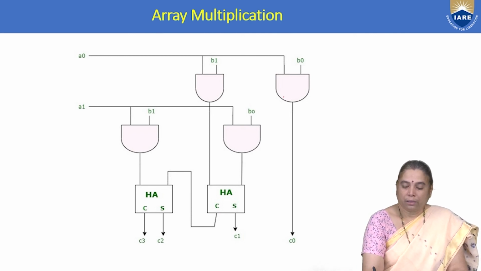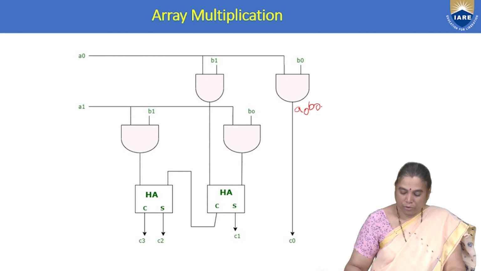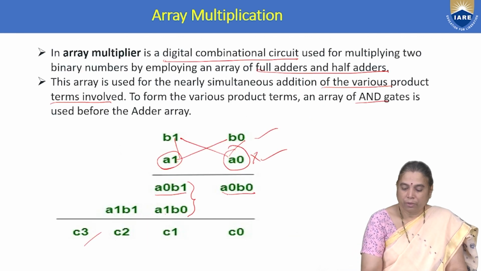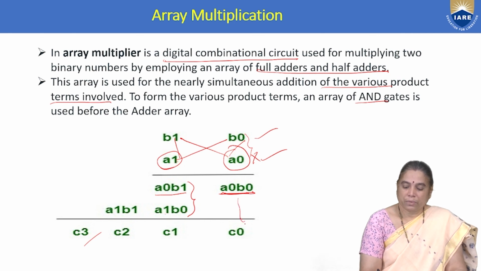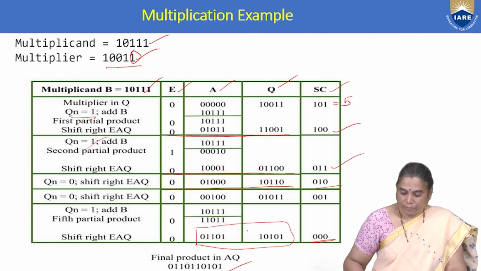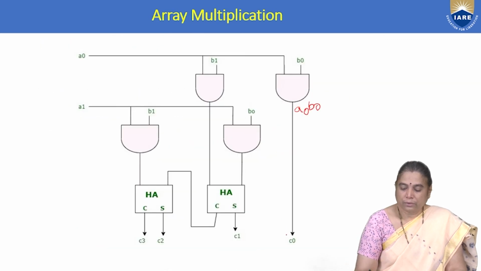So here the product A0 B0 is produced. If you observe the last term, the product is A0 B0. These two terms are given as input to the AND gate, so the product term A0 B0 is produced. So the sum is C0. So here C0 is represented.